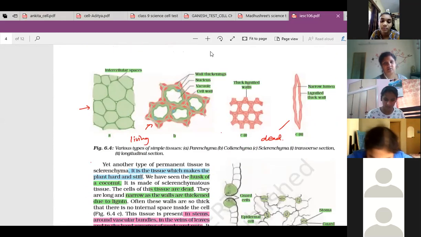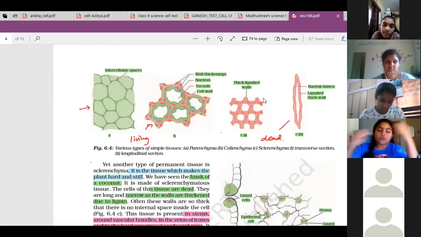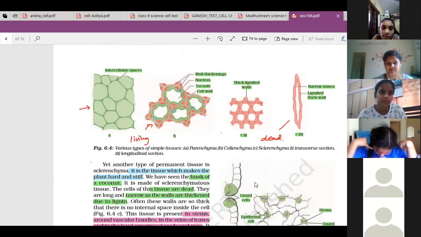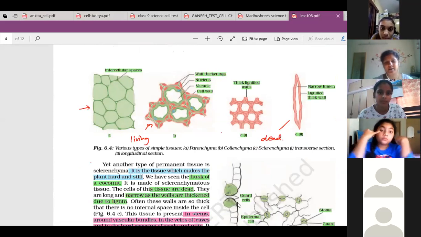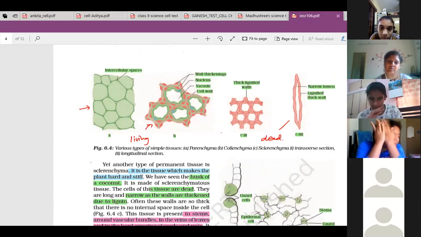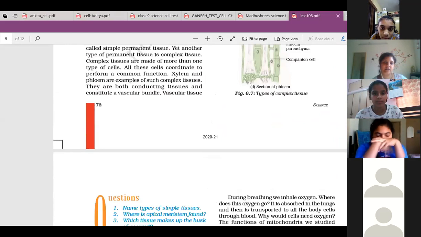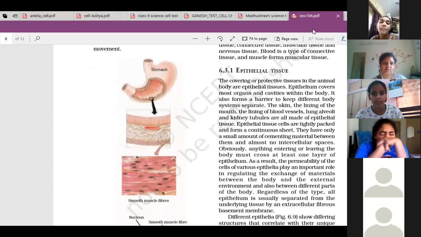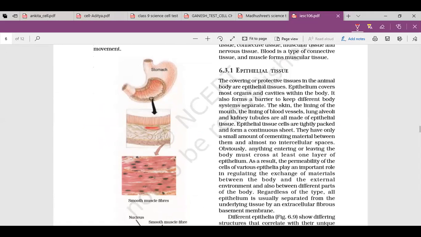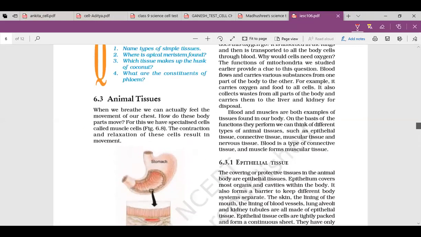This part here. Other schools have asked for the diagram of stomata also. Epithelial tissues, I'm not doing that different part. This part is only the explanation.